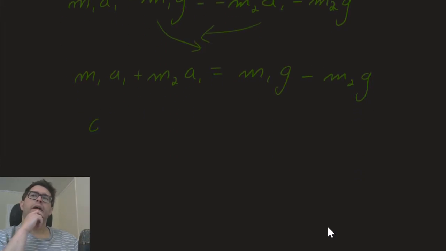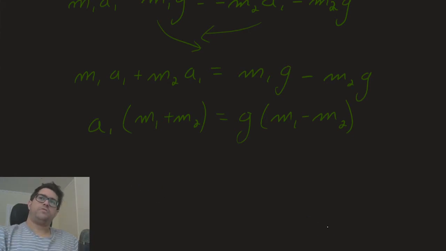And then we can isolate our A1 in M1 plus M2. And we can isolate G in M1 minus M2. And we can divide both here. Let me try to do this here.